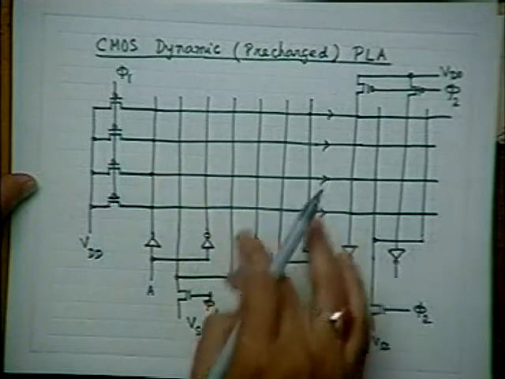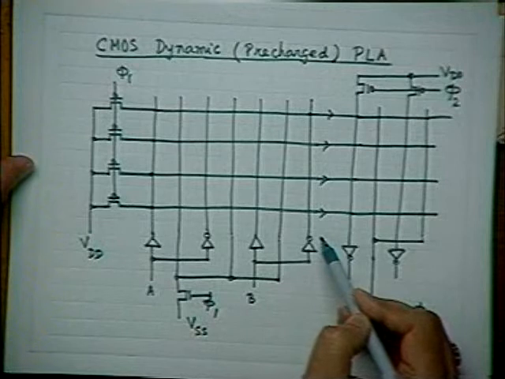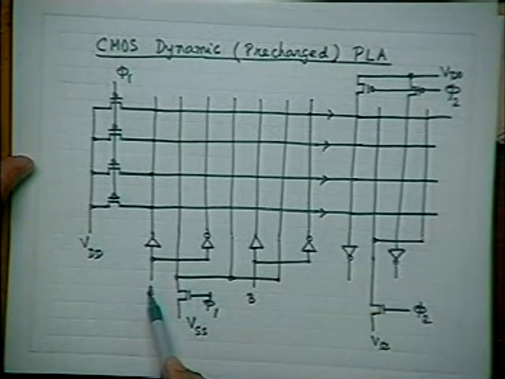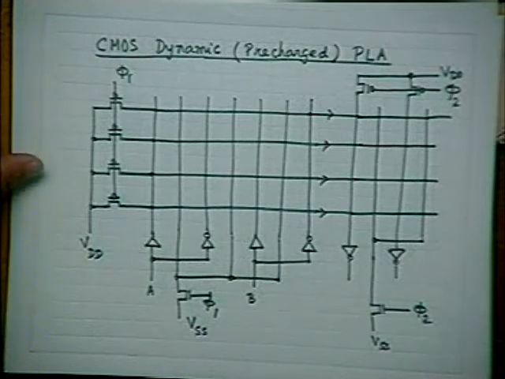All the driver transistor paths are practically open circuit, and these product lines are charged, or pre-charged, during which you apply your inputs A, B, etc., which get stabilized.